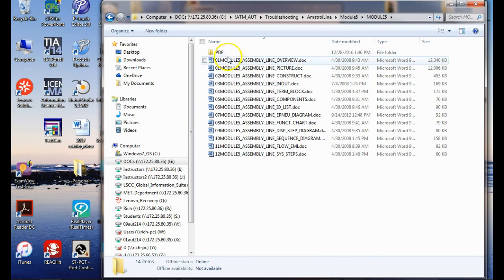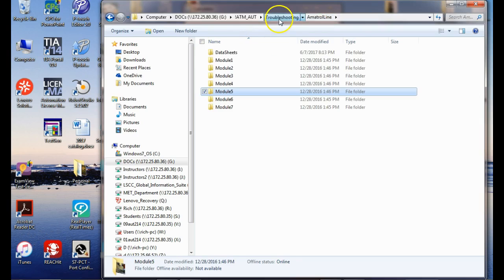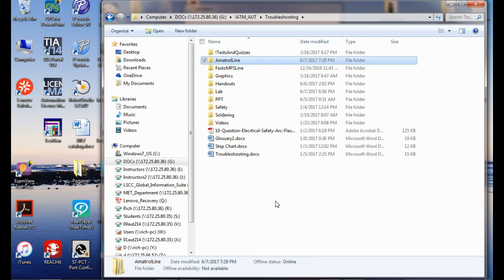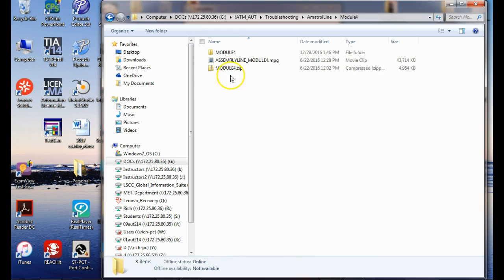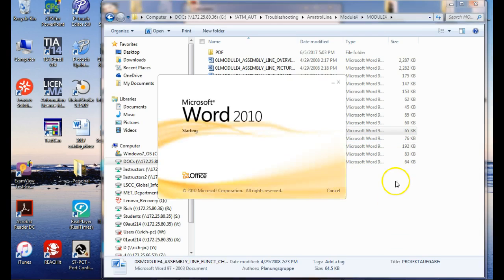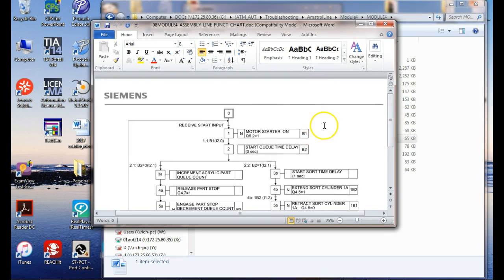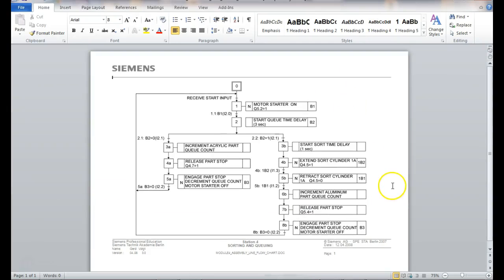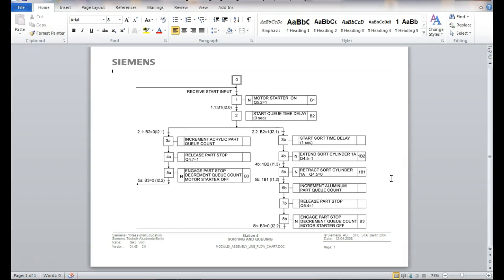So let's go back, because there's got to be something that triggers it. So according to this, it starts off, receives the start input, right?